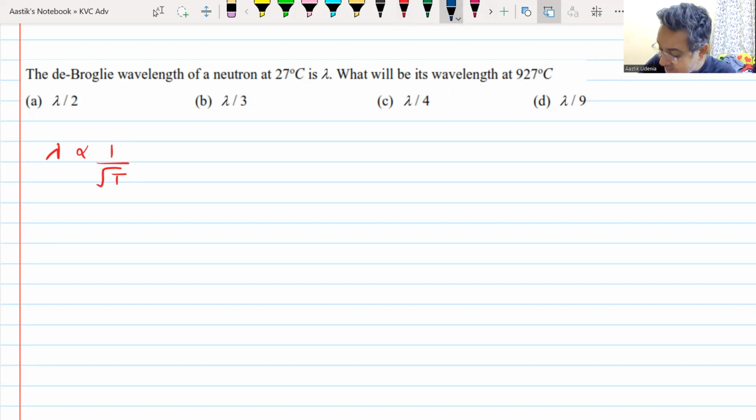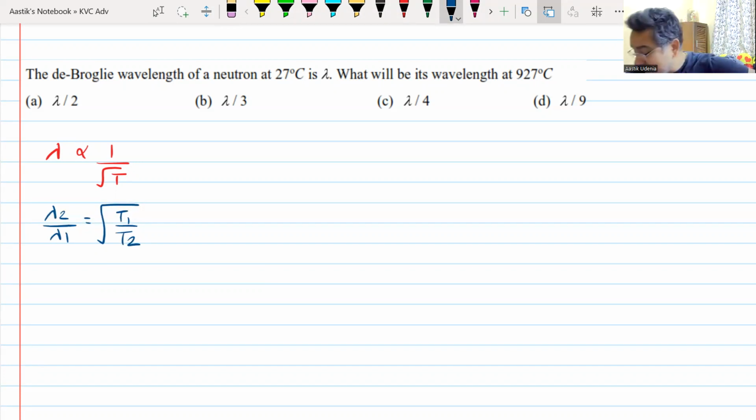So from there you can see lambda 2 by lambda 1 will be under root of T1 by T2. I always make mistakes in ratios. T1 is 300 and T2 is 1200.